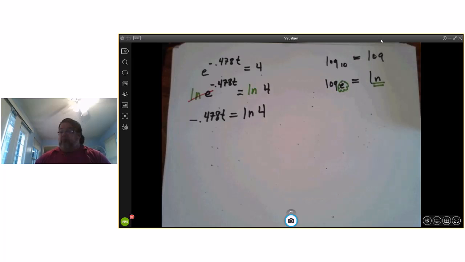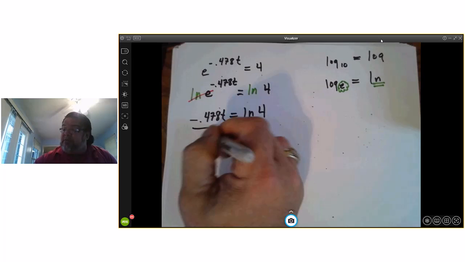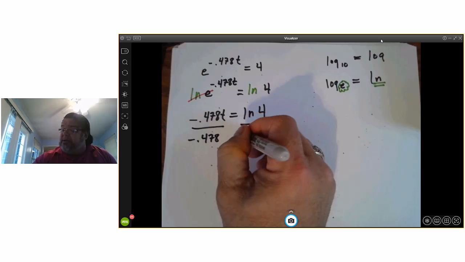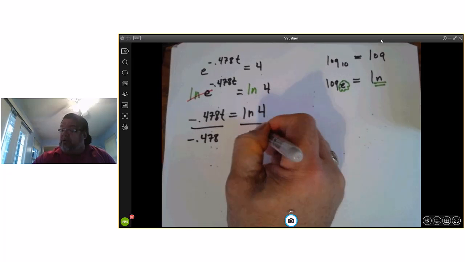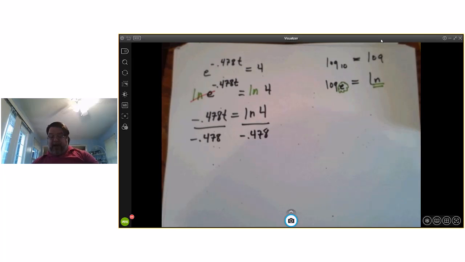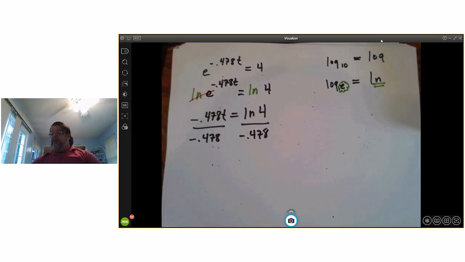Divide by what? Negative 0.478. I need somebody to type this in because I don't have a calculator. Natural log of 4 divided by negative 0.478.